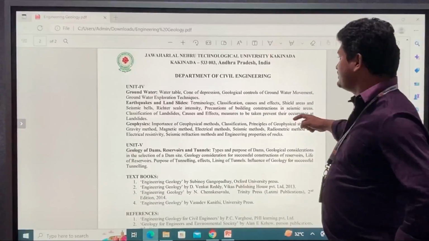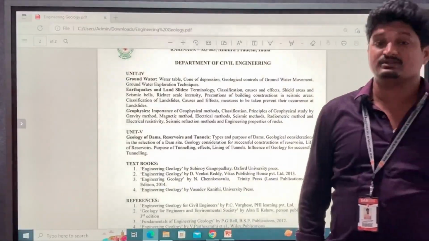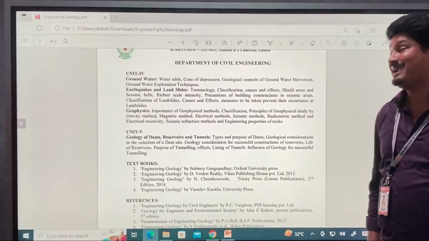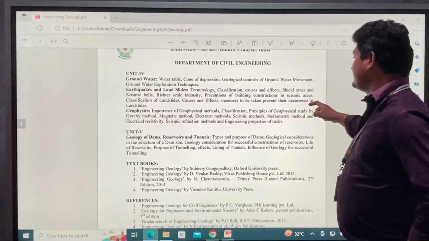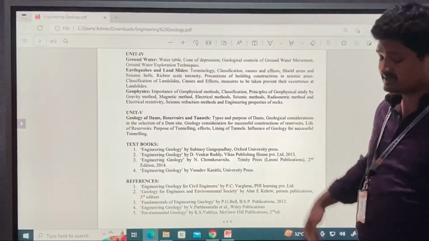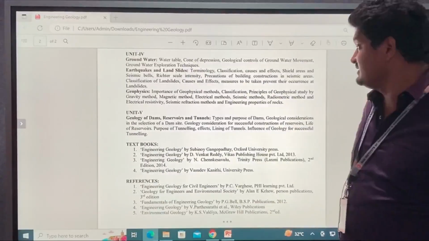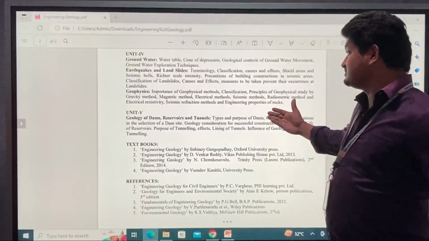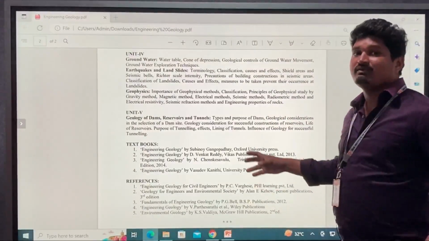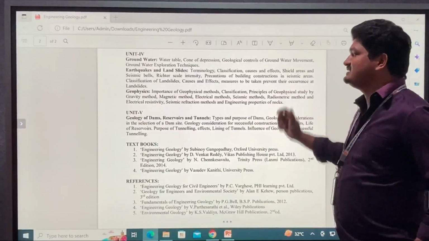So in unit 4, we learn which zones are suitable for the occurrence of water, and which places frequently experience earthquakes or landslides, and how earthquake-prone areas are identified using geophysical methods. Different types of surveys, using electrical or seismic methods, are used to find where water will exactly occur. That is the application in unit 4.